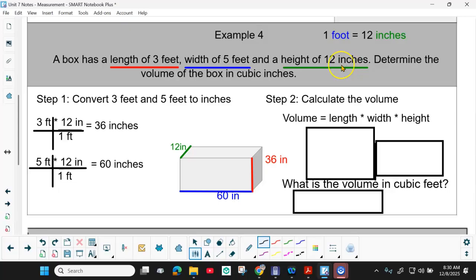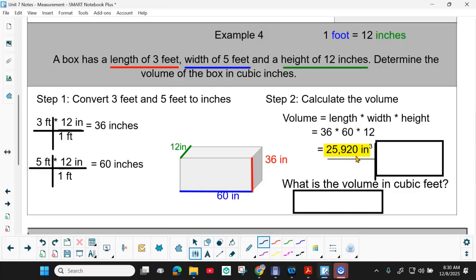Then change these two into inches. And since we already have the 12 inches here, now we know that we have 36 times 60 times the 12, so length times width times depth, if you will. Multiply all three together to get your conversion units. Okay?